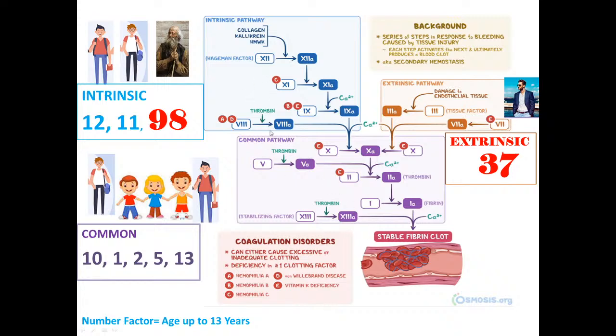Factor 12, Hageman factor, is activated by exposed subendothelial collagen and high molecular weight kininogen. It may also be initiated by factor 7 from the extrinsic pathway, activated factor 9 to 9A.